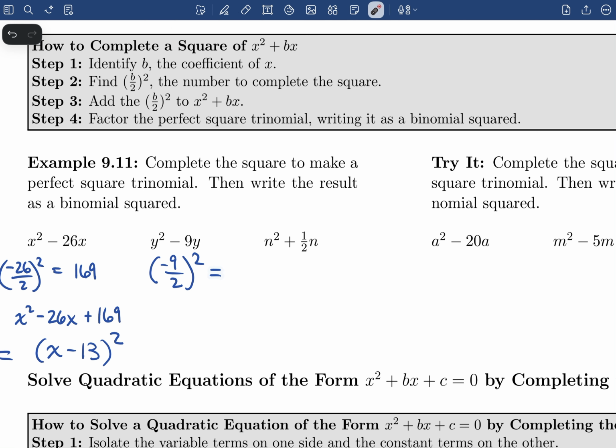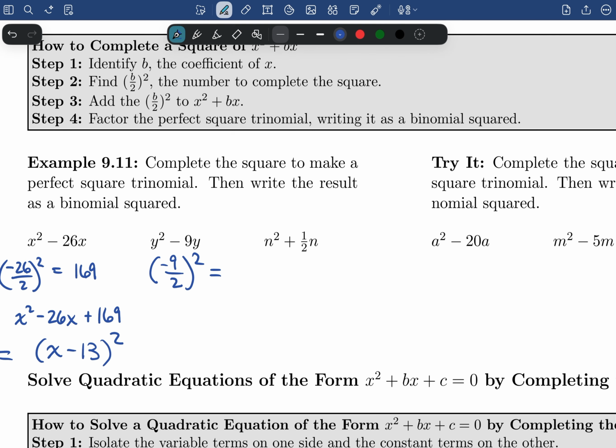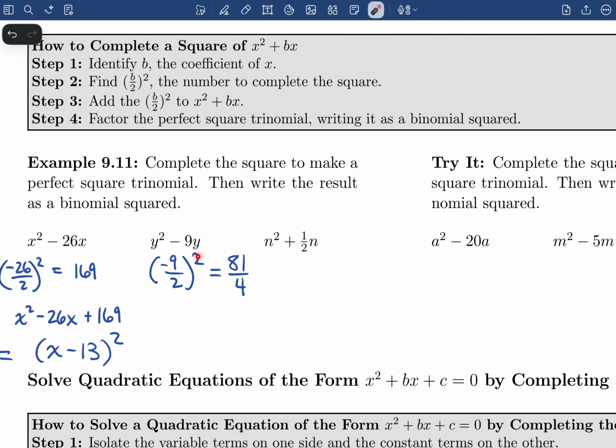Now, negative 9 divided by 2 is a fraction that can't simplify to an integer. I'm going to square it. So when you square a fraction, square the top, square the bottom, and you would agree that the answer is 81 over 4. Nine squared is 81, 2 squared is 4, and when you take a negative value and multiply it by itself, it becomes positive, no more negative.